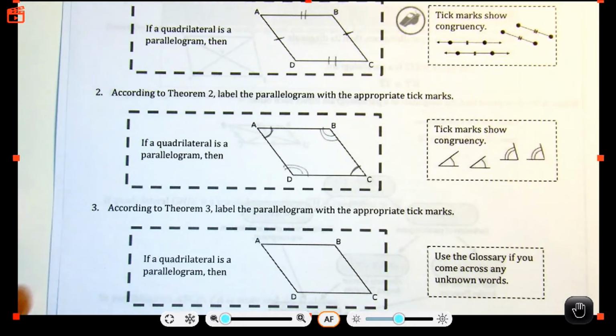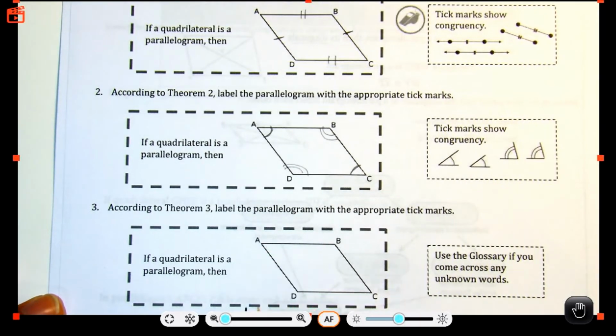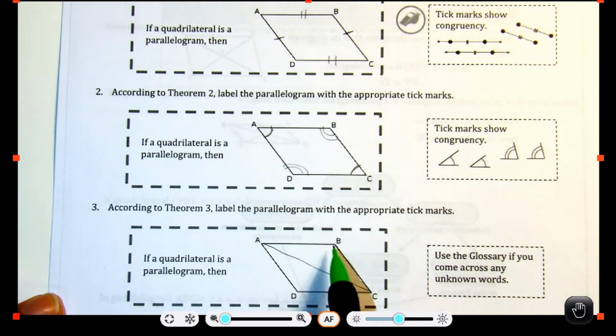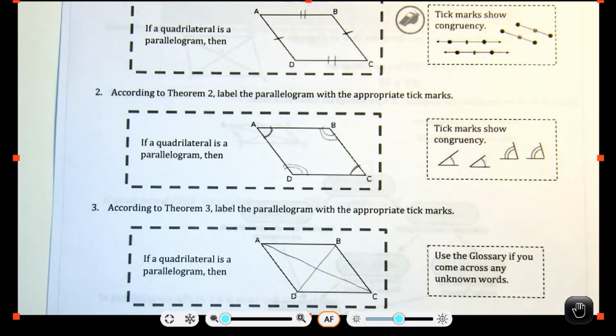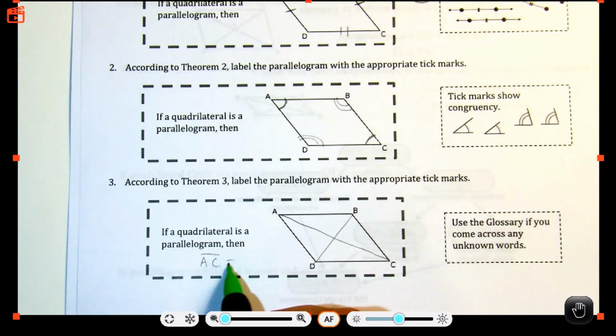And then the third theorem: if a quadrilateral is a parallelogram, then its diagonals are congruent. So if I draw a diagonal from A to C, and another one from B to D, we could say that AC is congruent to BD.